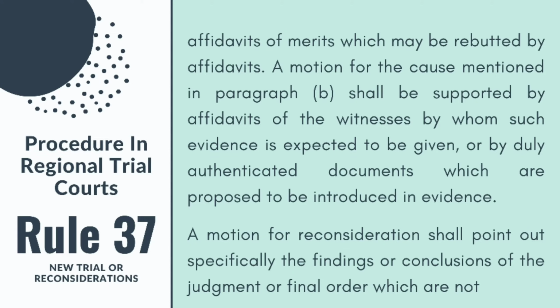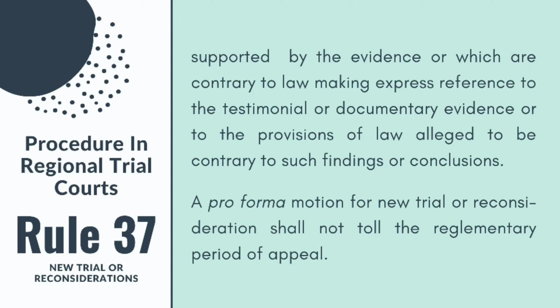A motion for reconsideration shall point out specifically the findings or conclusions of the judgment or final order which are not supported by the evidence, or which are contrary to law, making express reference to the testimonial or documentary evidence, or to the provisions of law alleged to be contrary to such findings or conclusions. A pro forma motion for new trial or reconsideration shall not toll the reglementary period of appeal.